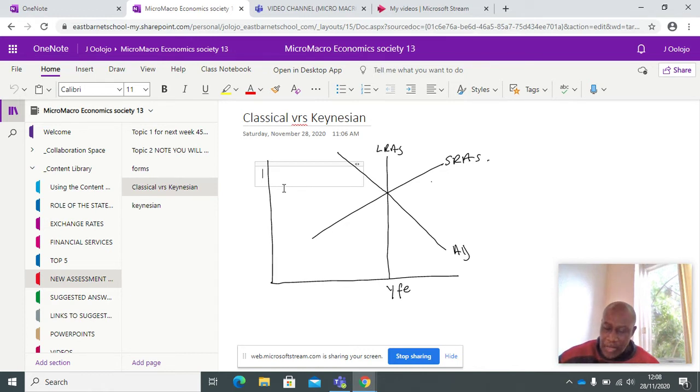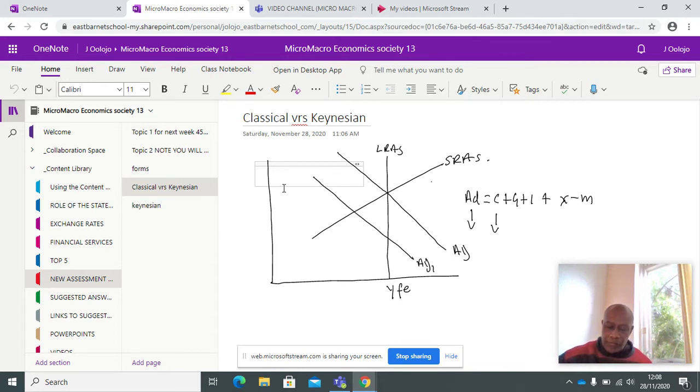Remember, AD is equal to C plus G plus I plus X minus M. So if consumption goes down, AD is likely to fall. So as a result, AD shifts to the left, to AD1.